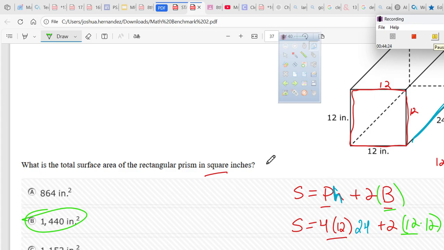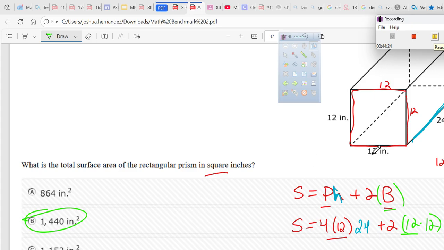Don't forget, P is the perimeter of the base. You get all the sides and you add them all up, which is 12 plus 12 plus 12 plus 12, basically 4 times 12. Okay, and then times your height. The height is the distance from one base to the other base, which is 24, plus 2.